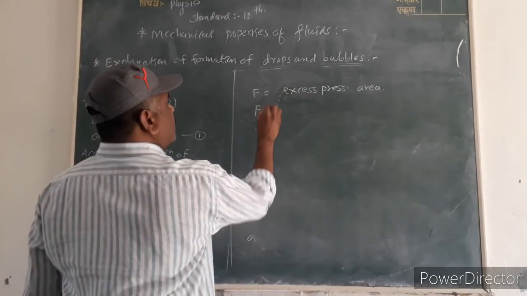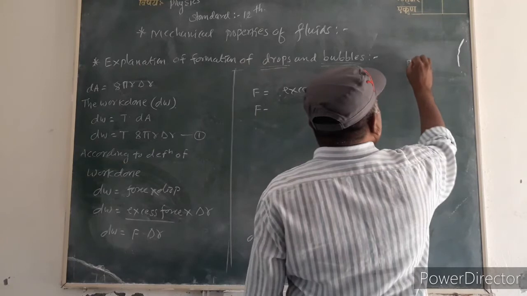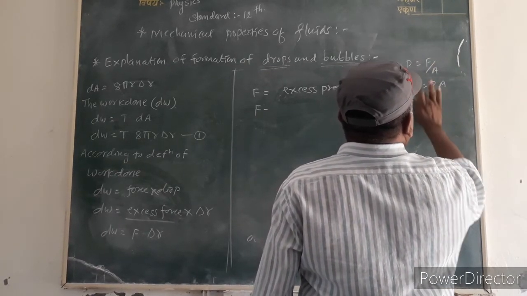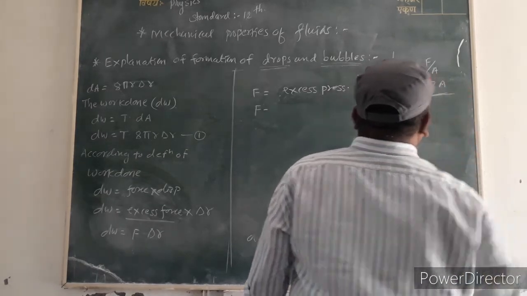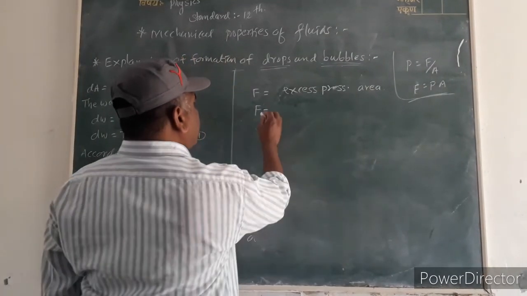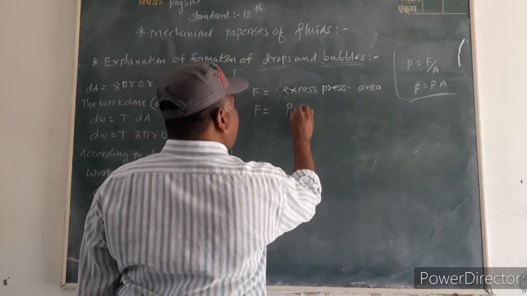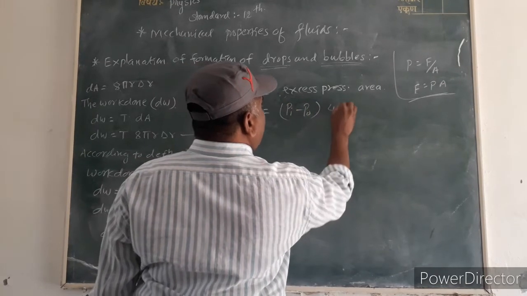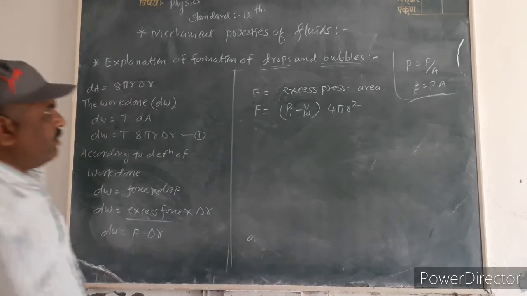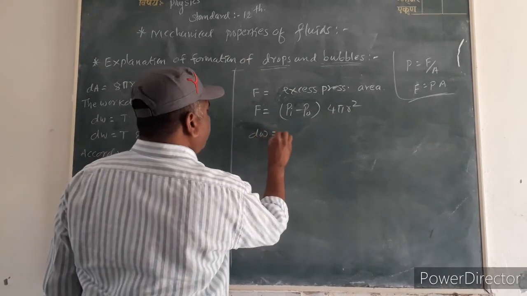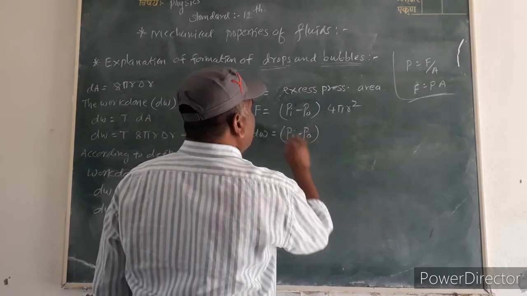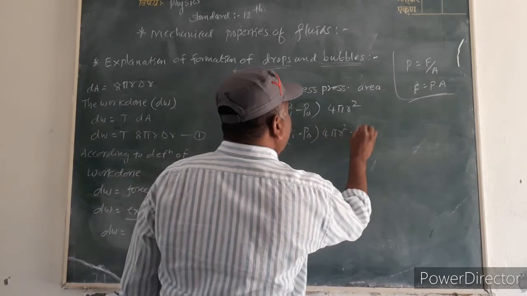Therefore, using the definition of pressure, P is equal to F upon A, F is equal to P into A. Using this, force is equal to excess pressure into area. Therefore, F is equal to excess pressure Pi minus P0 into area 4 pi R square. Therefore, dW is equal to F, that is Pi minus P0 into 4 pi R square into delta R.